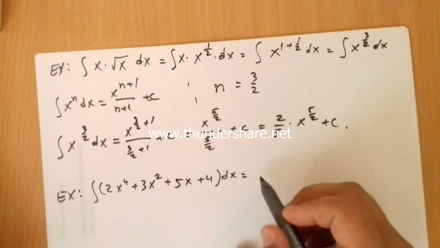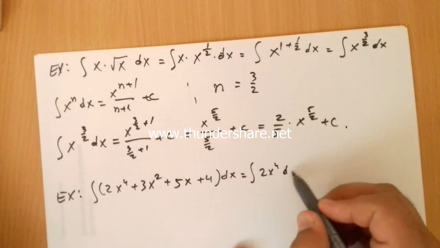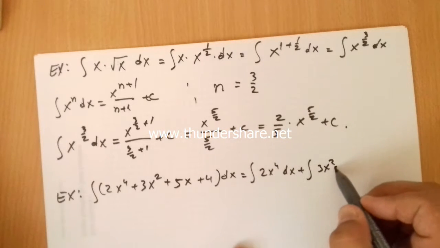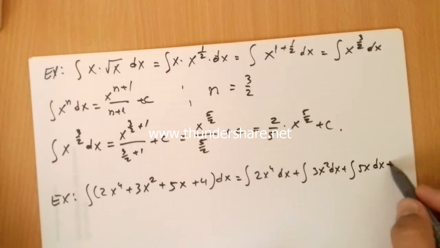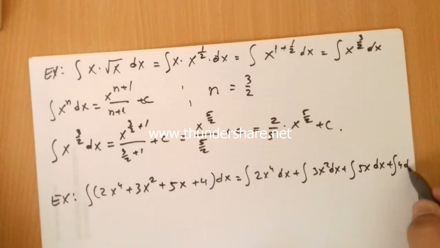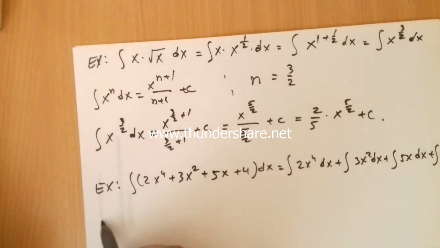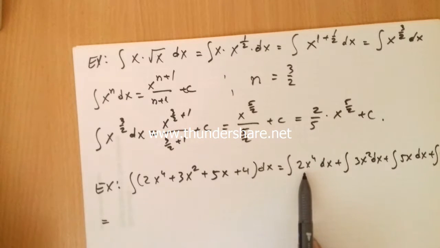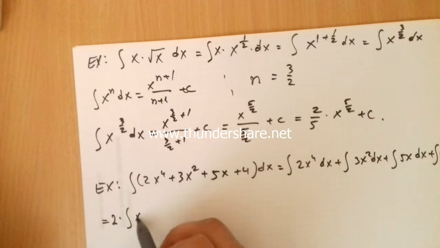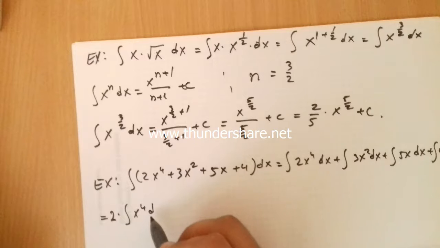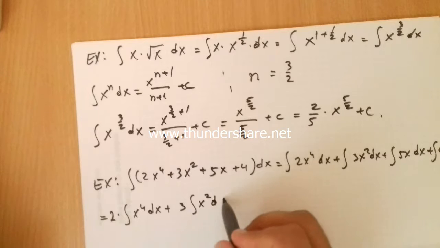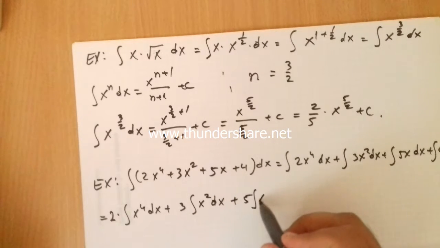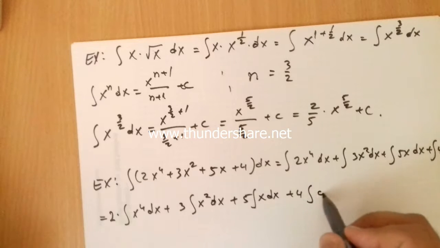So this is equal to the integral of 2x to the 4 dx plus the integral of 3x squared dx plus the integral of 5x dx plus the integral of 4 dx. This is going to be equal to, since the 2 here is a constant, it goes before, 2 times the integral of x to the power 4 dx plus 3 times the integral of x squared dx plus 5 times the integral of x dx plus 4 times the integral of dx.